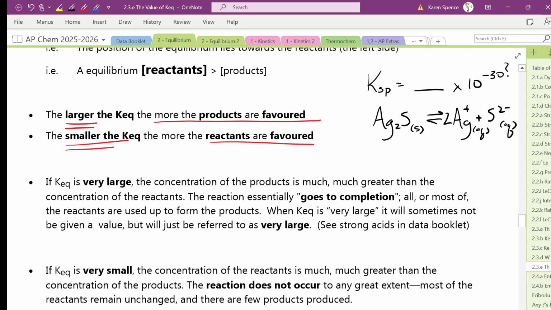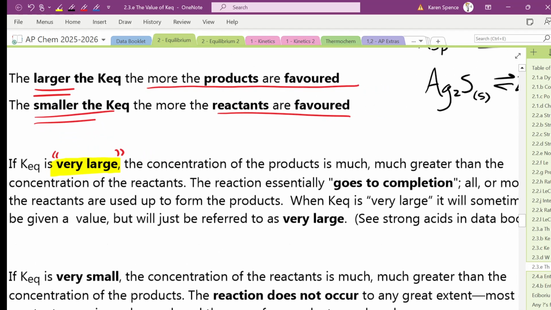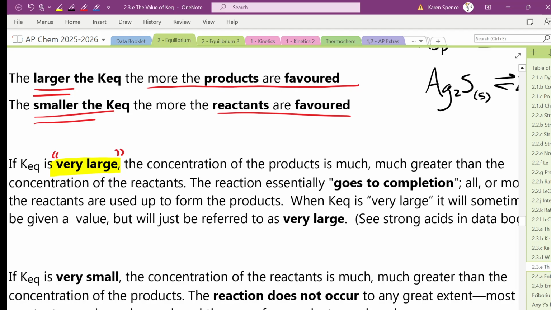Now, if the KEQ is classified as being very large, we're going to put that in quotes, very large, that means that the concentration of the product is much greater than the concentration of the reactants. And essentially this reaction goes to completion. Do you remember that language from the summertime?